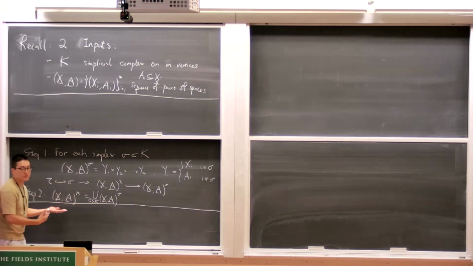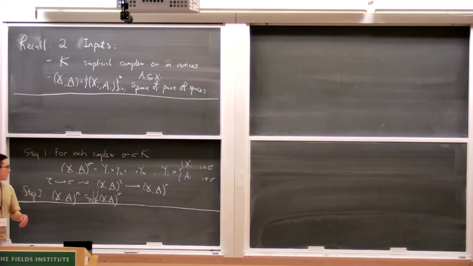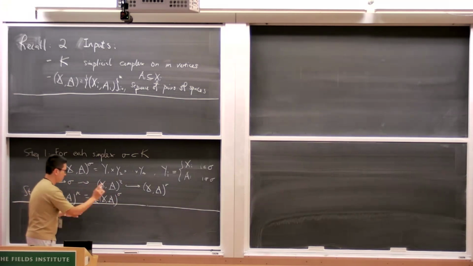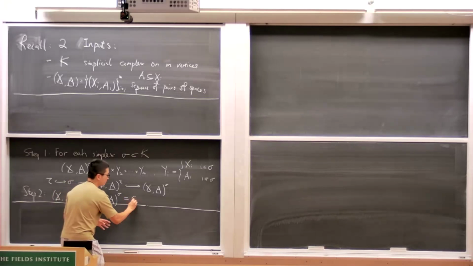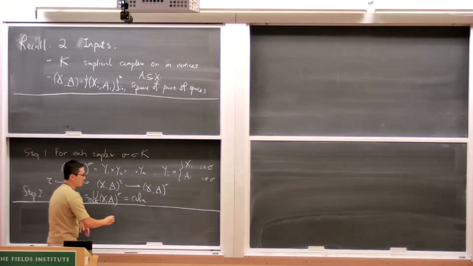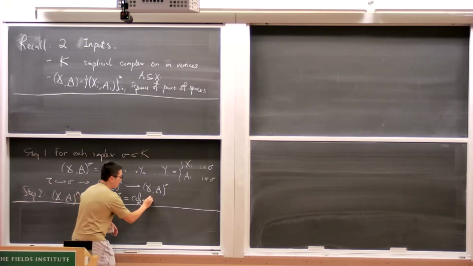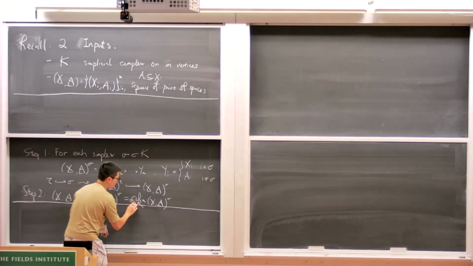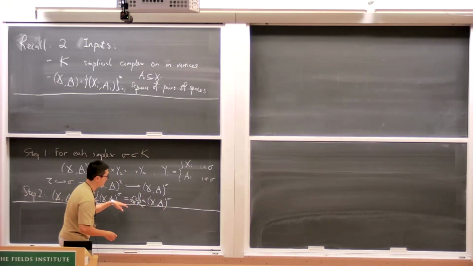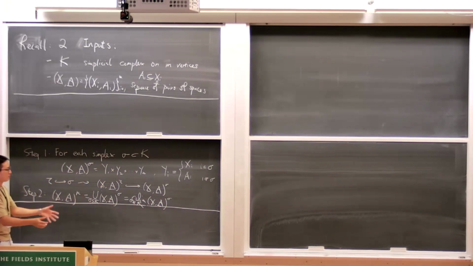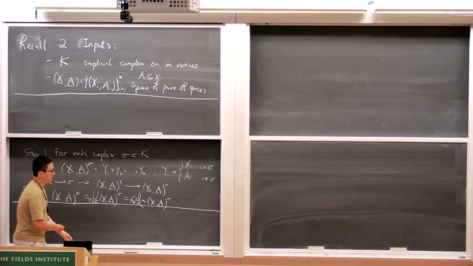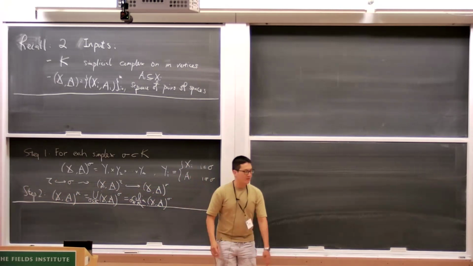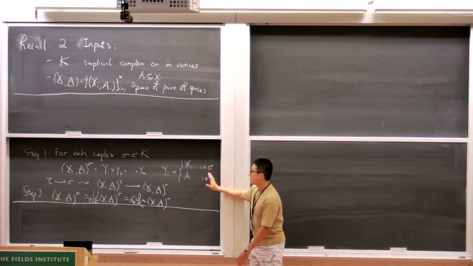You can think about the polyhedral product as a functor from the poset category of K to topological spaces. And this one you can think of as the colimit of all the polyhedral products of sigma, running through all the sigmas in K.